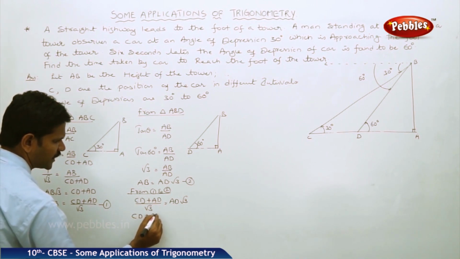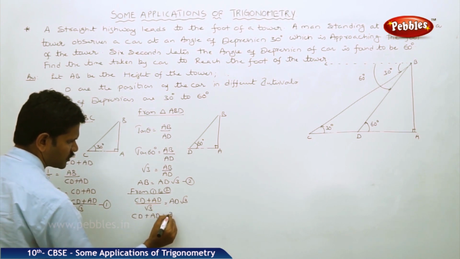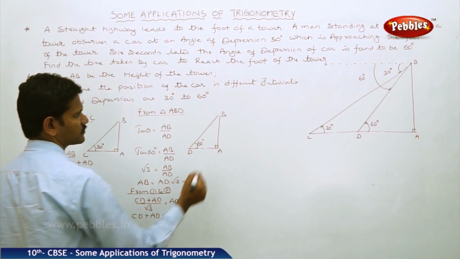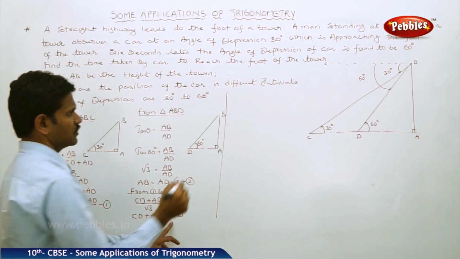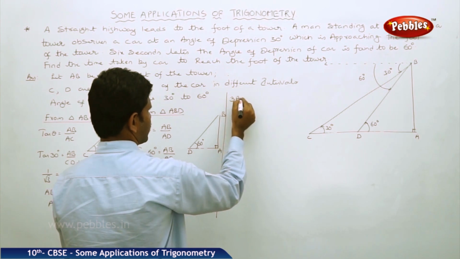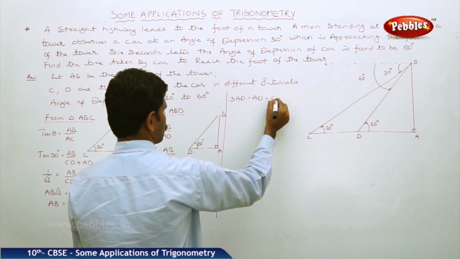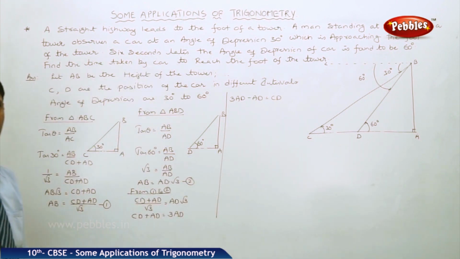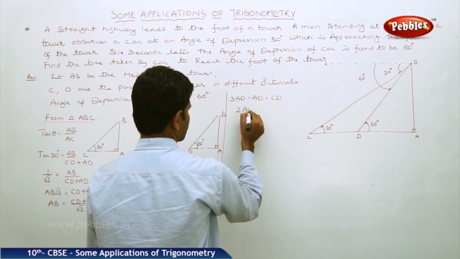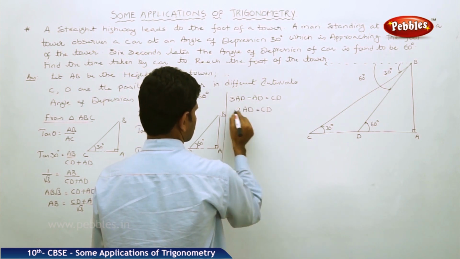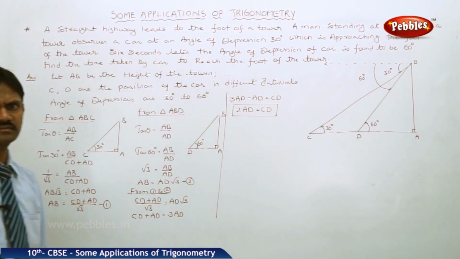CD plus AD is equal to root 3 into root 3 AD, nothing but 3AD. Next, 3AD minus AD is equal to CD. Now 2AD is equal to CD, that is CD is nothing but 2 times AD.